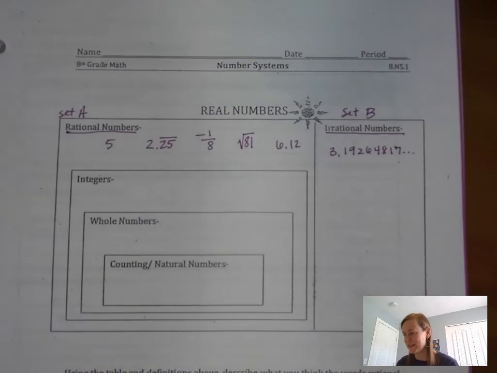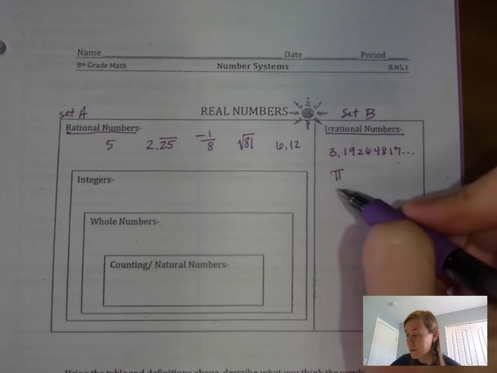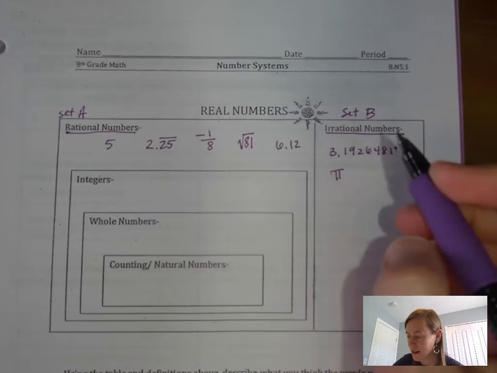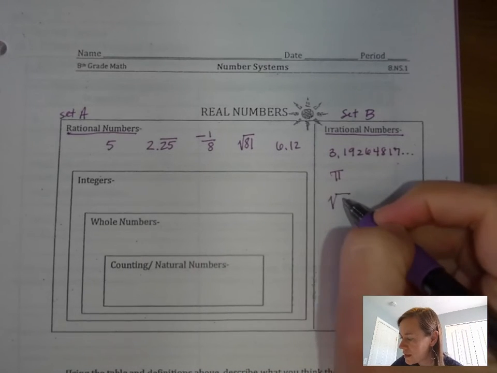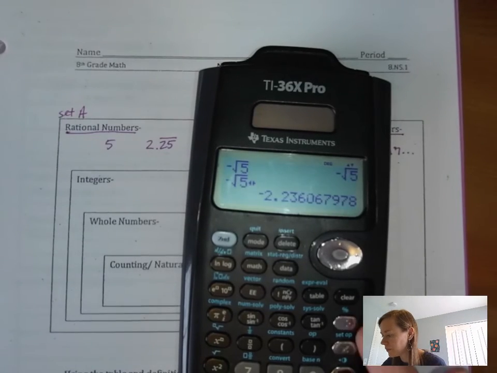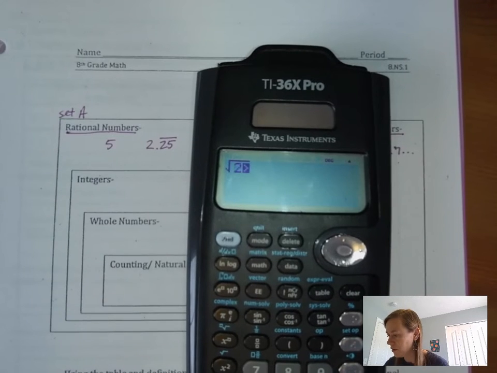Okay, so back to this. Irrational numbers, we've got that. Remember, we've got our pi here. We've got some certain square roots. Square root of 81 we talked about is rational because it just is 9. But what if you did the square root of 2? This is a famous irrational number. Let's see what happens when you put that in the calculator. So let's clear that out. Square root of 2, and it gives us that.